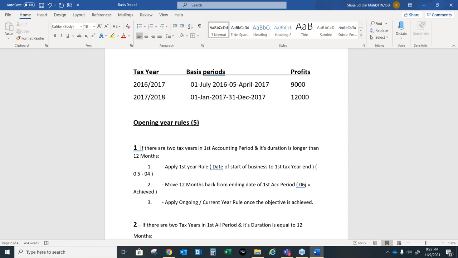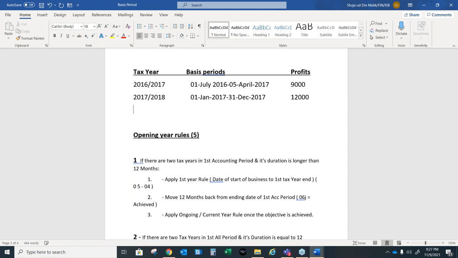Hence the tax year and the accounting date has been matched. Now the business will be preparing their accounts as per their accounting date, and their accounting date has been merged with the tax year. So once the objective is achieved, you apply ongoing year rules if there is any data available.